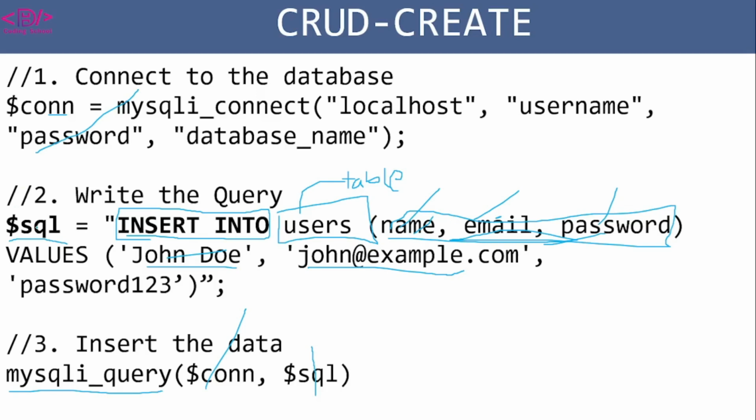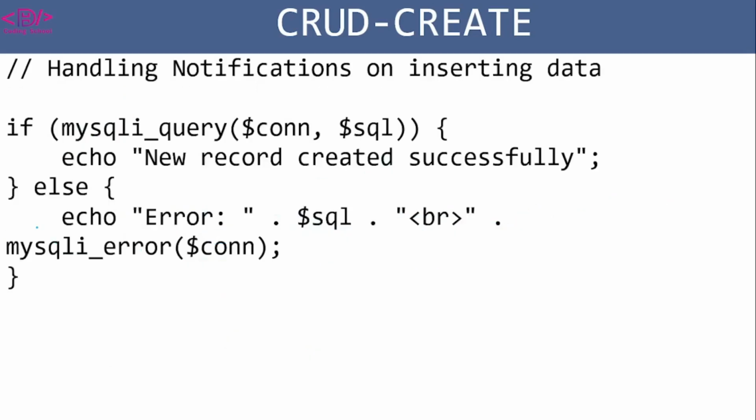So there are two things you must have before you insert data into the database: a connection established, and a query that you need to be executed on that database.